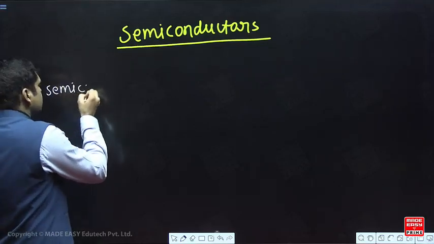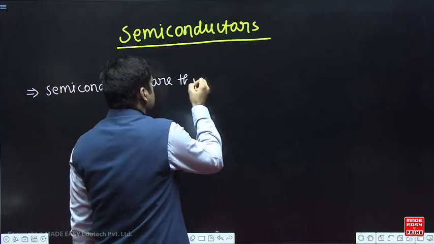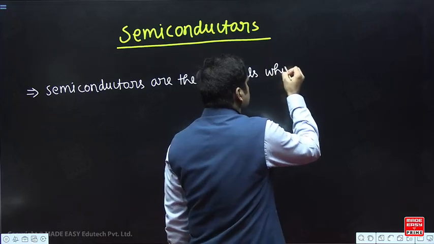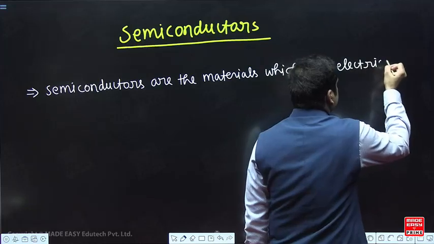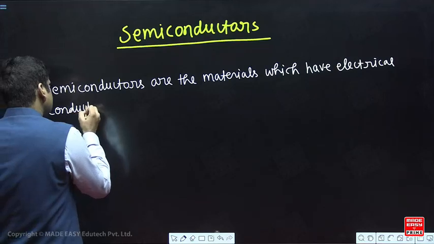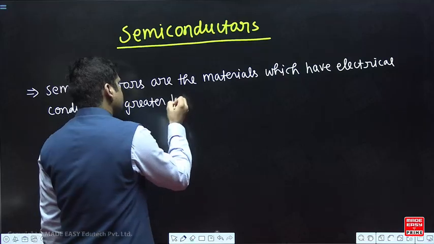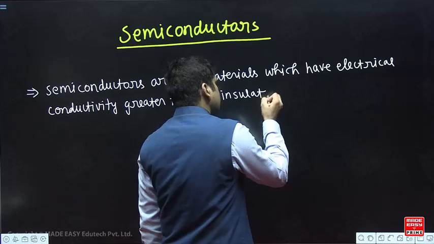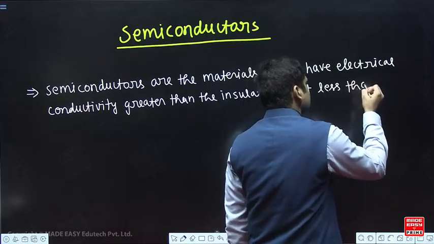Semiconductors are the materials which have electrical conductivity greater than the insulators, but less than the metals.